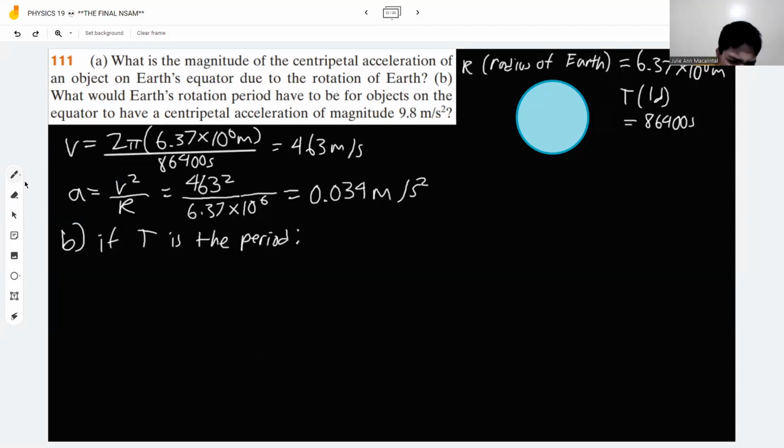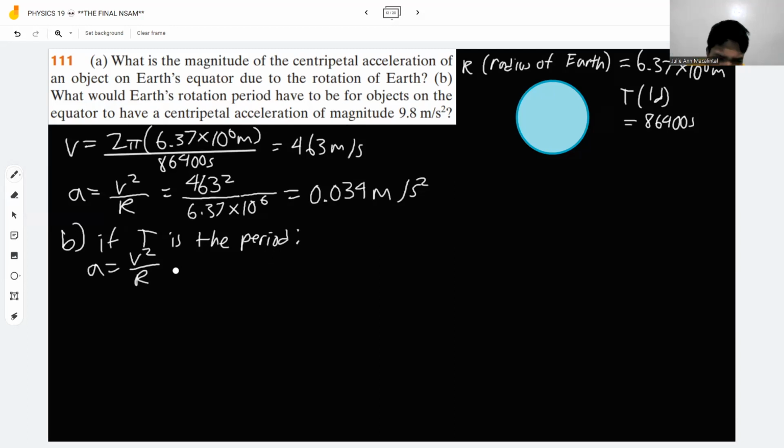Wait, I mean T is the actual period. 1 day. Hindi, sinabi, yung actual period is 1 day. Pero dito, ang sabi, what if you change the rotation of the Earth so that it will have a different period and the measured acceleration is going to be 9.8. Okay.